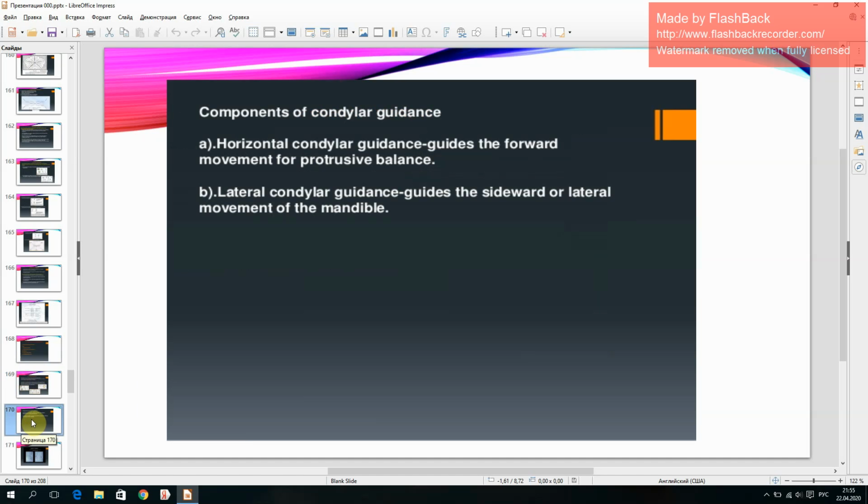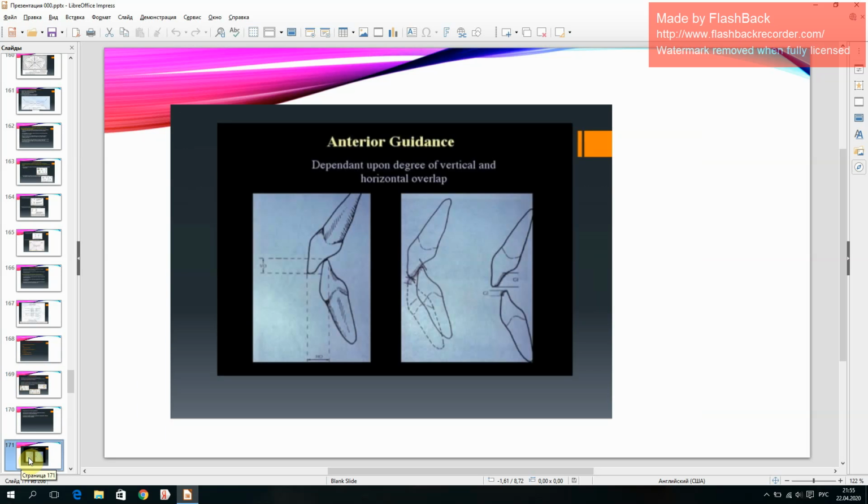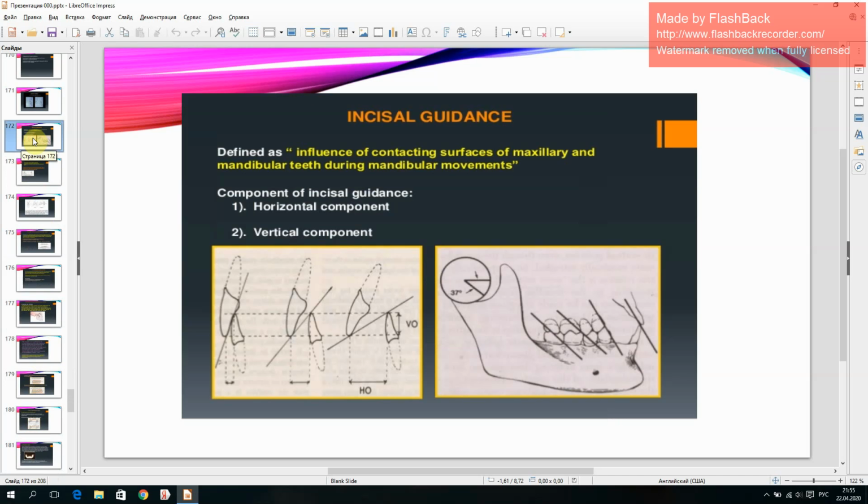Component of horizontal guidance: anterior guidance, incisal guidance, defined as the influence of contacting surfaces of maxillary and mandibular teeth during mandibular movements.